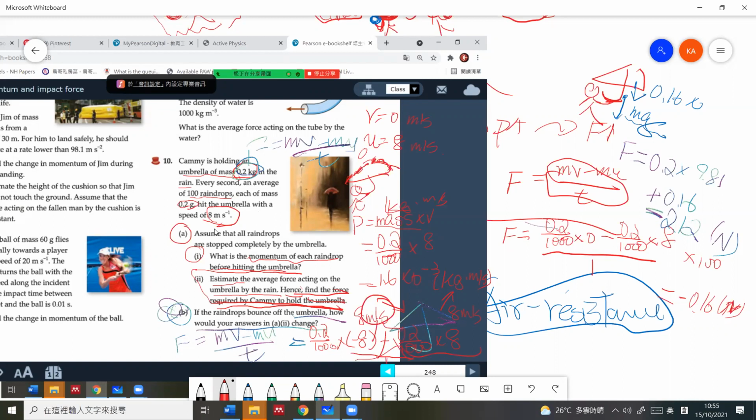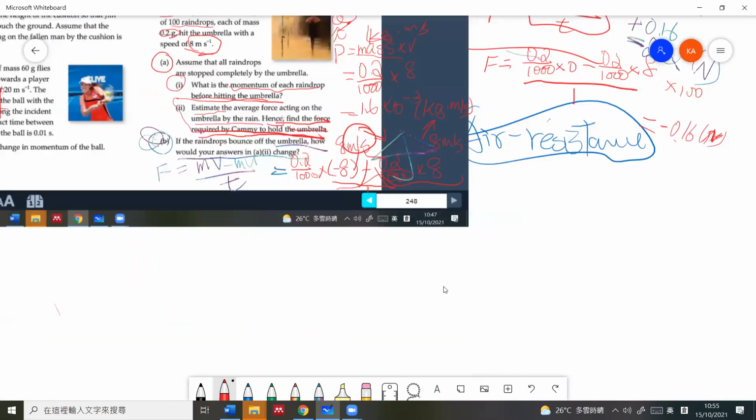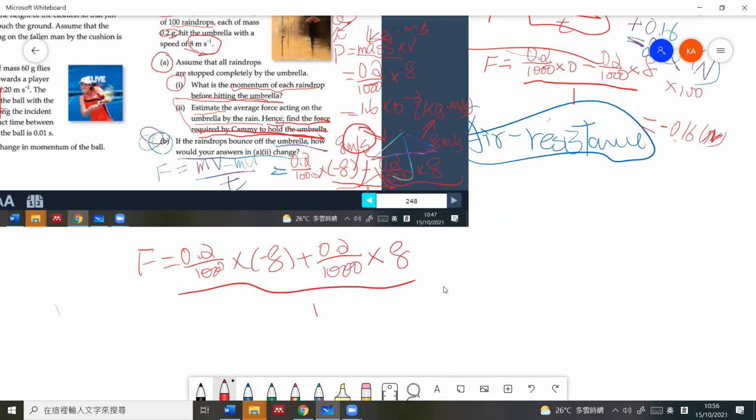So if the rings bounce off with the same speed, then the force required to change the momentum will be double the original value.